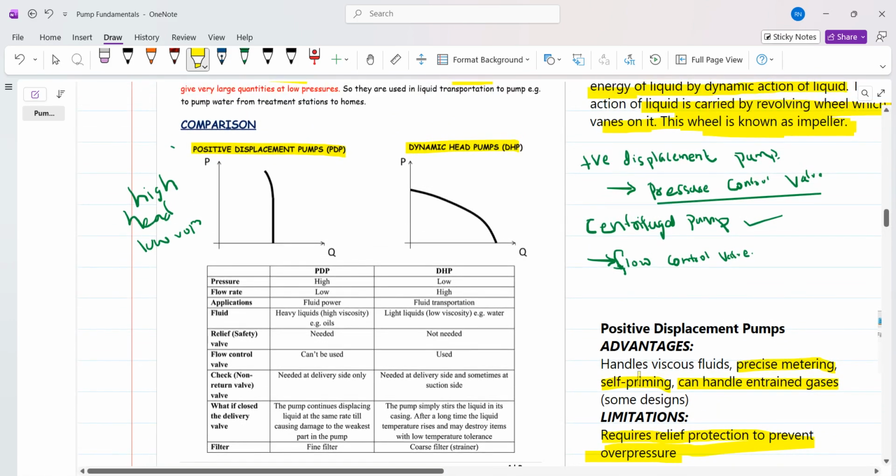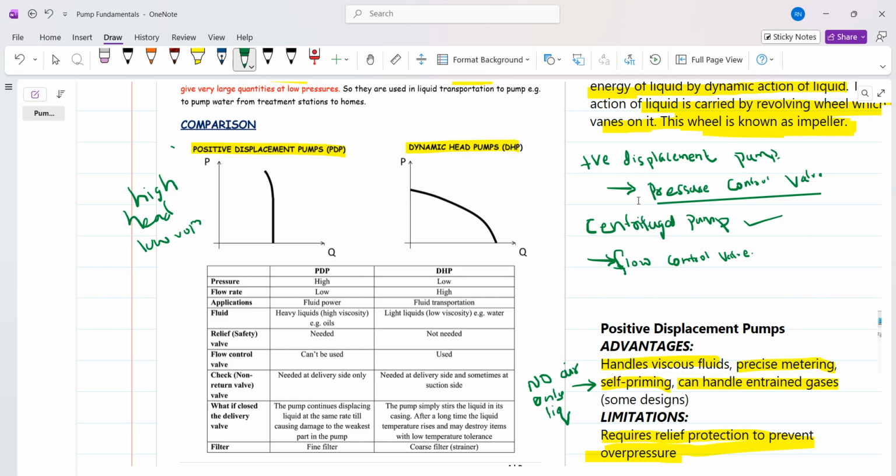So it handles the viscous fluid. What is the self priming? Self priming means in the pump there will be no air, only liquid, right?